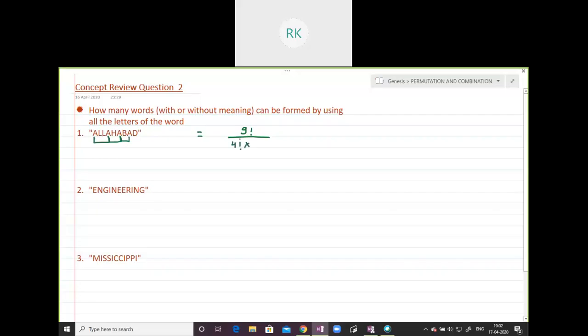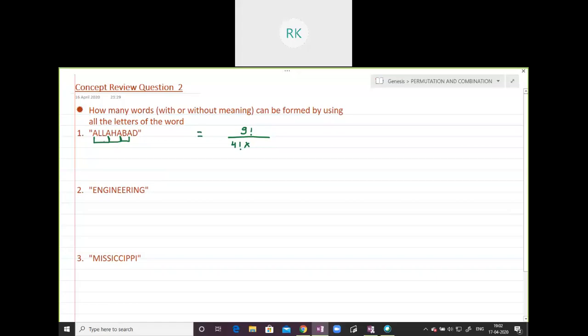Why am I dividing it, you should understand, because if this A goes anywhere in the respective positions, it does not make any sense. It will be the same arrangement. Just to avoid the repetition, to avoid the redundancy, I am dividing by the factorial. So A repeats 4 times, divide by 4 factorial.